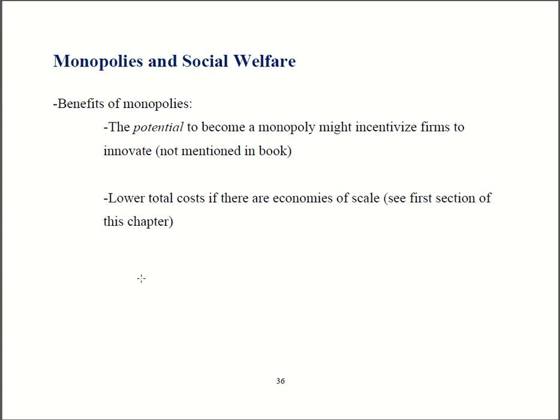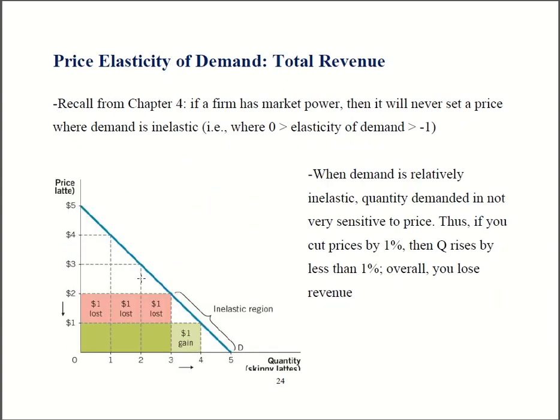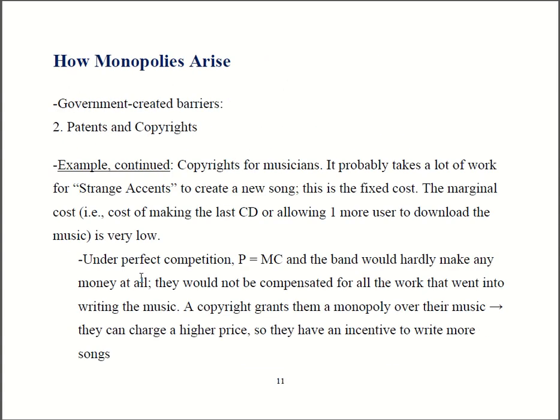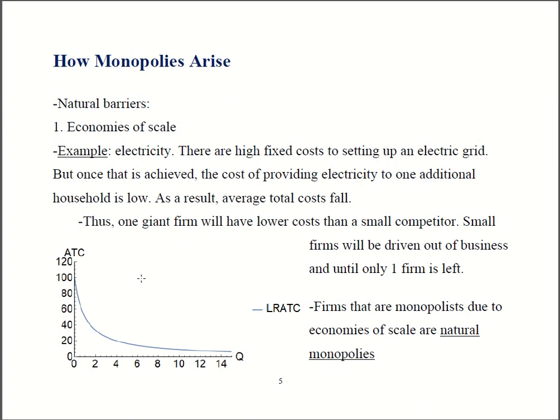Another benefit we saw was that if you have economies of scale, you can get lower total costs. We saw this way earlier in part 1. So let's just go back to that diagram briefly. That was way back over here. So remember, economies of scale mean your long-run average total costs go down when you produce more. So in that case, if you have one big firm producing everything, that's going to mean low cost overall.